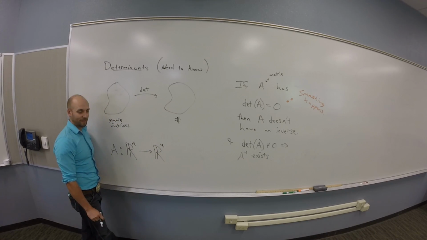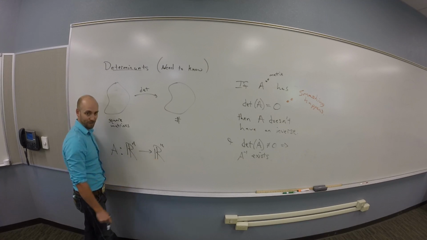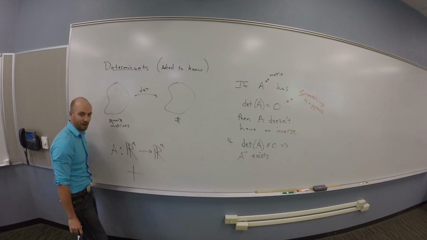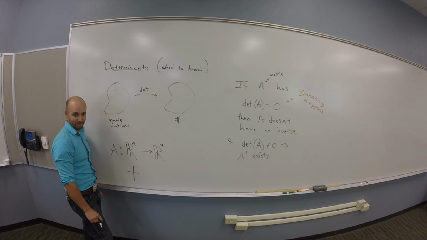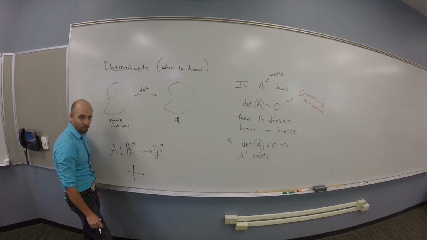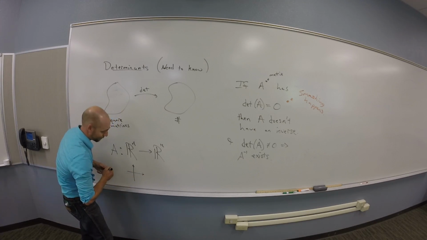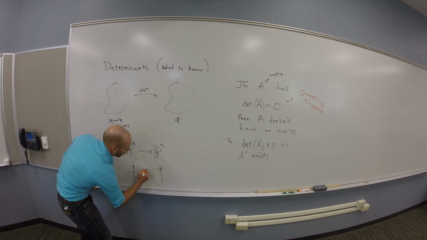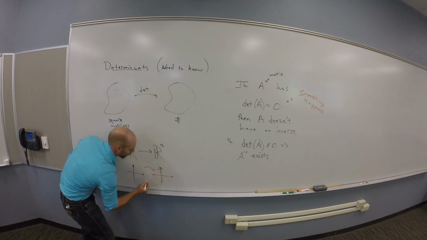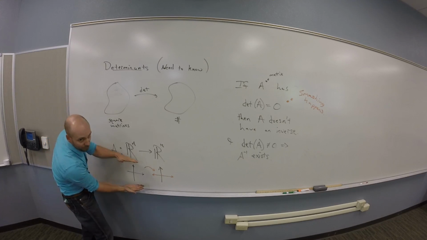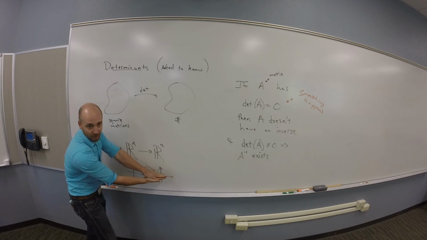And for example, here's R2, the usual xy plane. So if I took all that xy plane and put it into the xy plane by just smashing everything onto the x-axis, take this whole plane and just smush it.